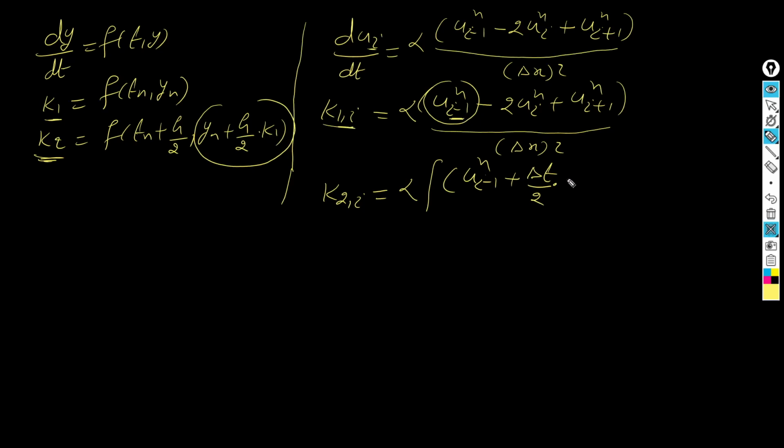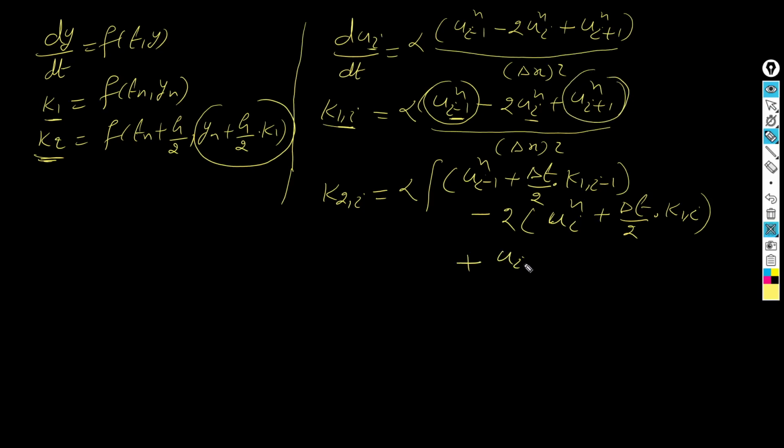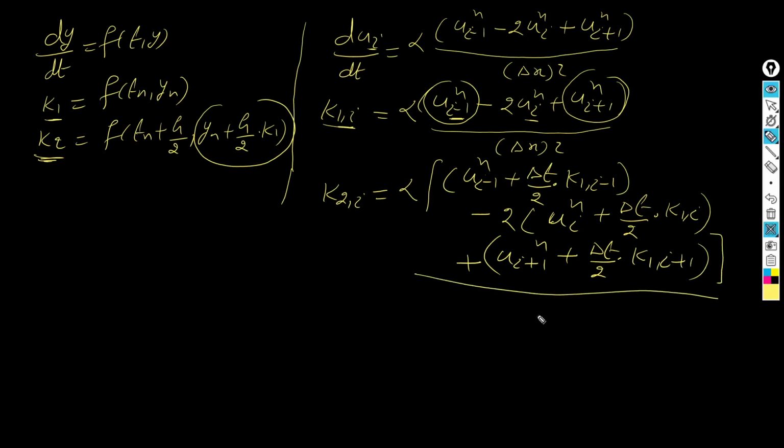Okay, so this will be k1 and the index will be i minus 1, and the second part, which is u_i^n, this will be minus 2 bracket, here will be u_i^n plus delta t upon 2, and at the place of k1 we will have here k1 comma i, and now the value of this part will be plus u_{i+1}^n plus delta t upon 2 into k1 i plus 1 and close the bracket upon delta x square.